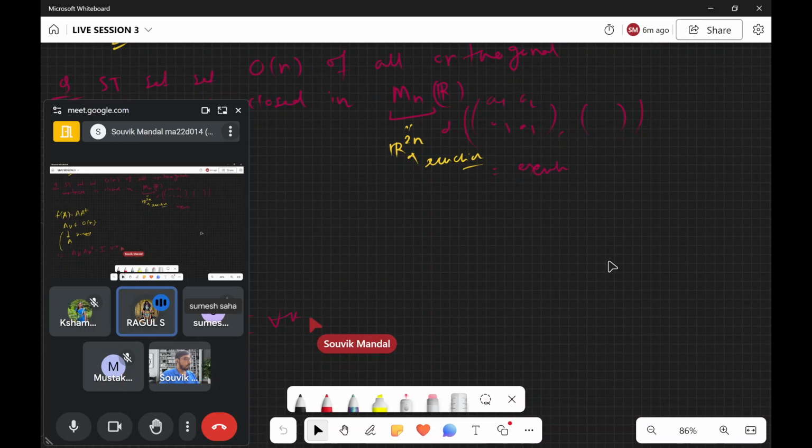So taking limit, I can have limit of AK into AK transpose is nothing but limit of I, which is equal to I again. And the transpose operation is continuous.